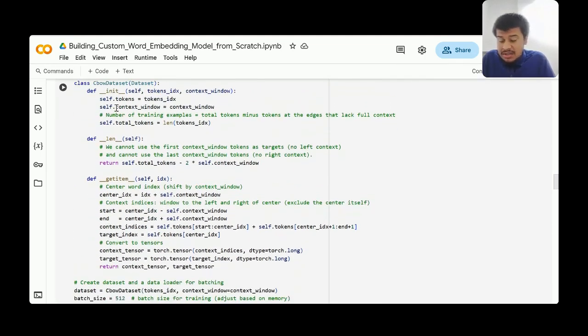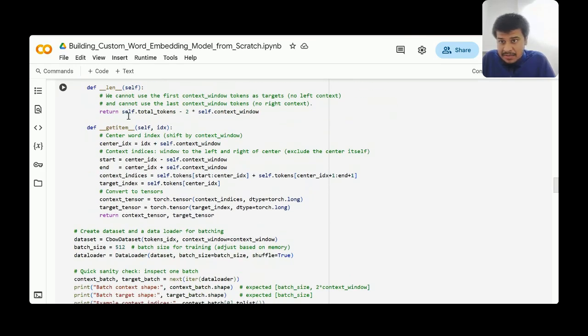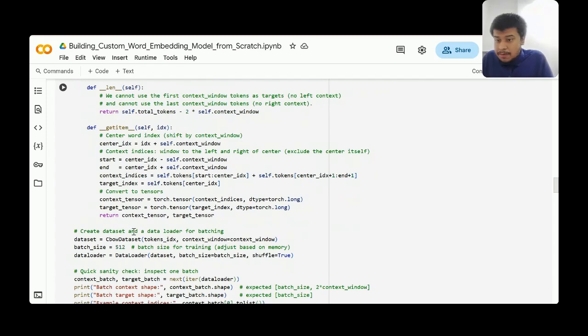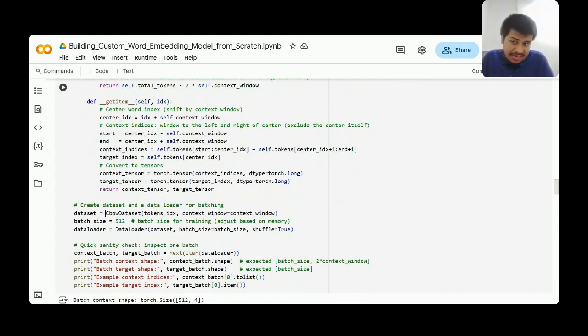First of all, we initiate the constructor and then come up with the function called get item, and then the class definition is done. Then we initialize this class with the tokens and the context window, that is 2.